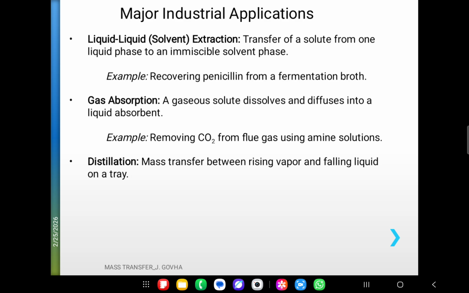Then distillation, a transfer of mass between the rising vapor and falling liquid on a tray. A typical example is the separation of ethanol from water, or crude oil refining.